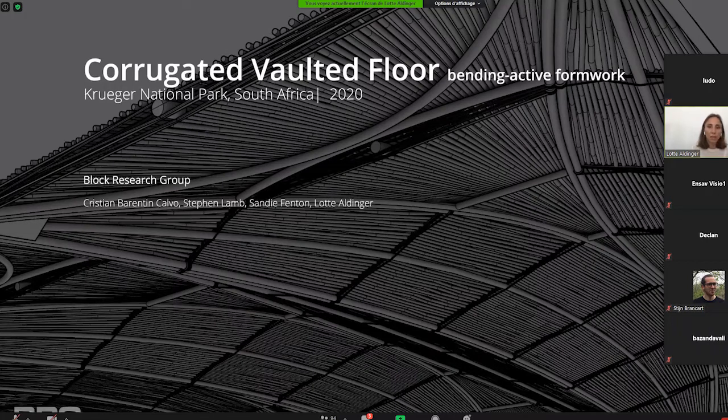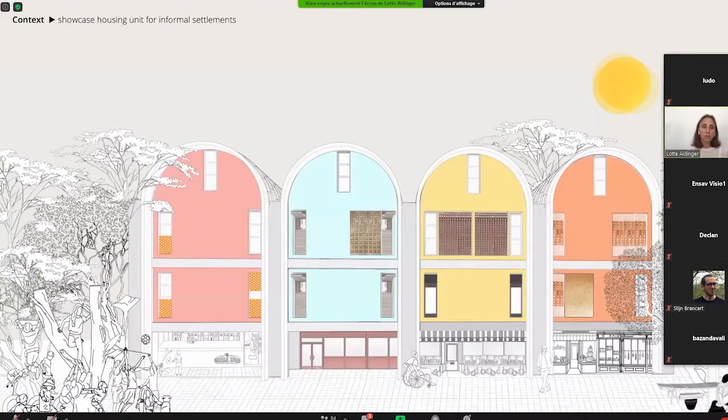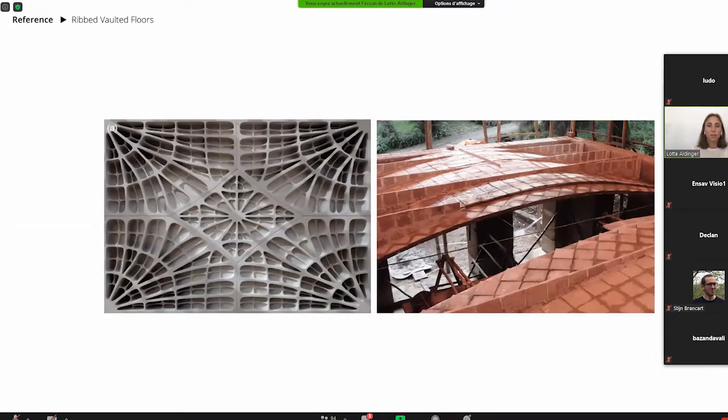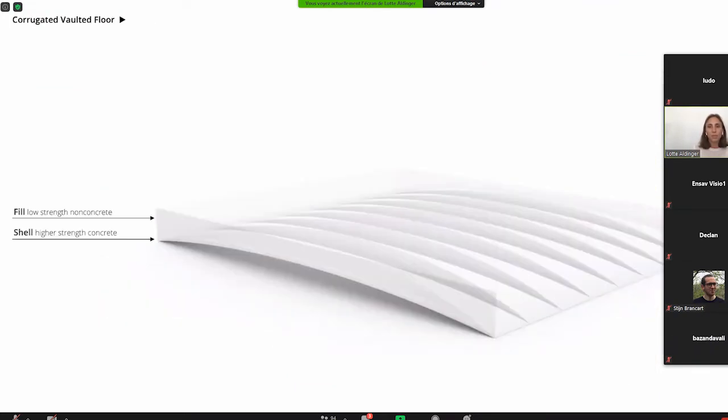It's in South Africa, and the system is developed for a showcase unit of sustainable concrete houses to upgrade informal settlements in South Africa. And in particular here, I'm focusing with the team on the corrugated vaulted floor structure, which is basically building upon the knowledge of the BRG with their funicular floor systems.